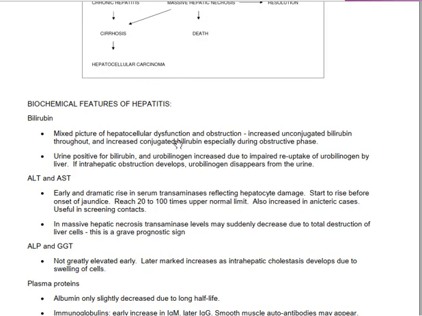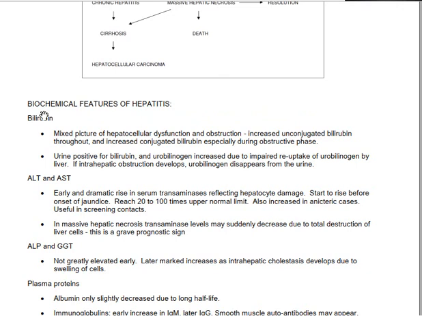What are the biochemical features in hepatitis? Generally, in hepatitis, you have an abnormal liver function test. The bilirubin may be increased. So you are going to have a mixed picture of hepatocellular dysfunction and obstruction also. You need to know that you are going to have increased unconjugated bilirubin. Is it clear? Why?